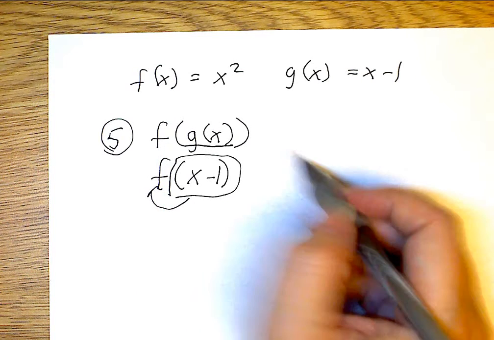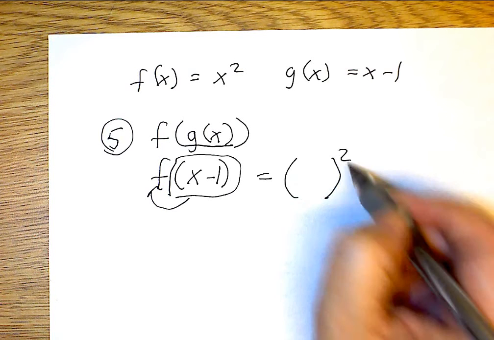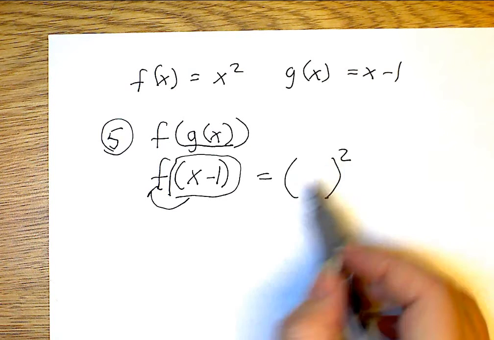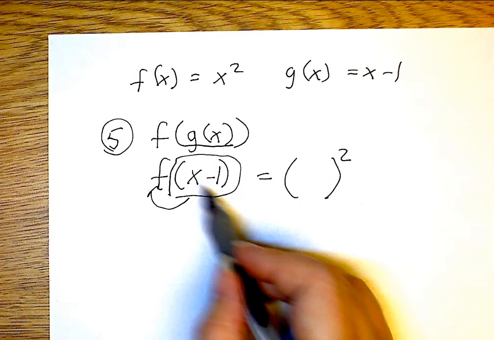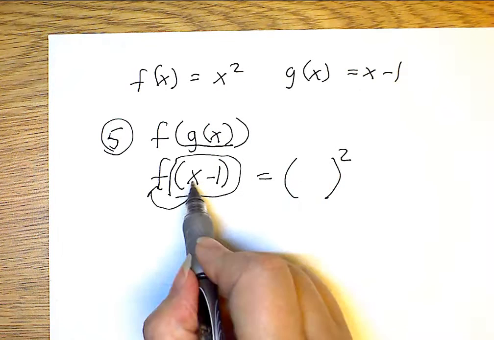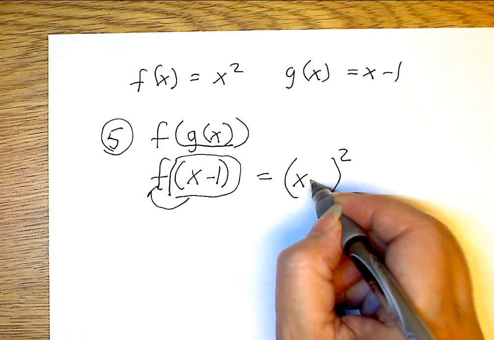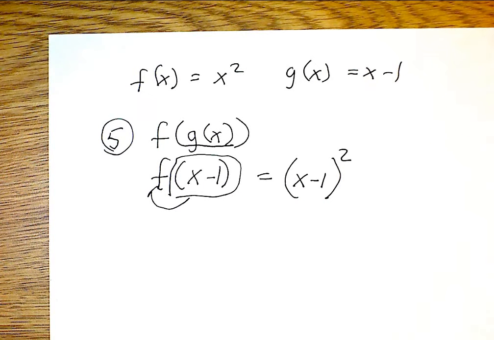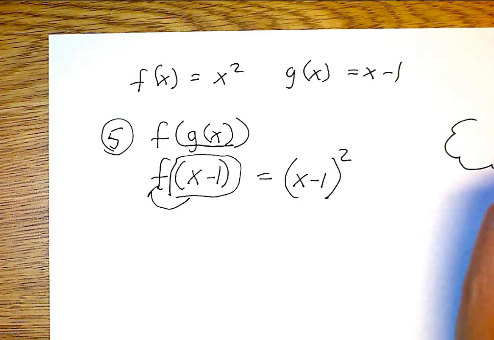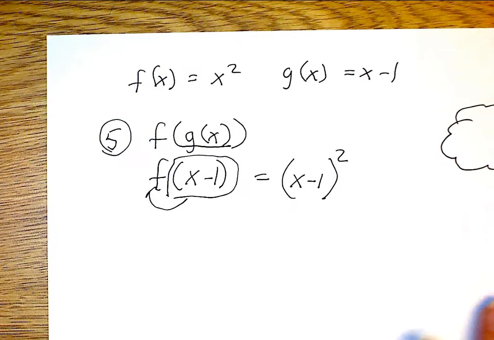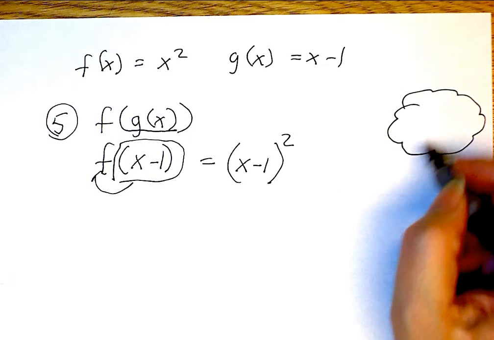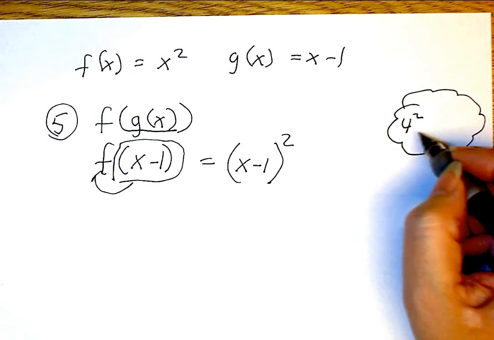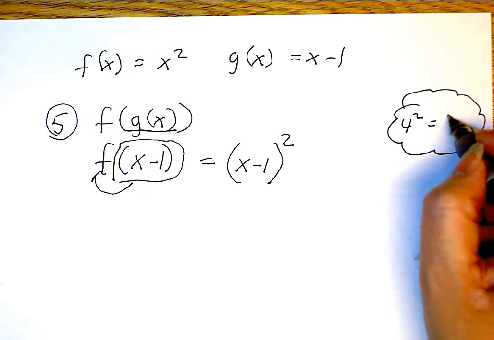Remember, this would have been x squared. We took out the x and we're putting this in for it, so x minus 1 inside it. Little side thought: if I had 4 squared, that means 4 times 4, right?